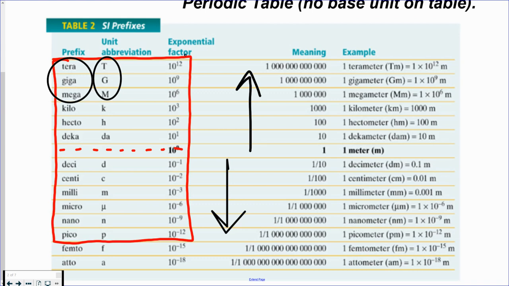So you need to know 10 to the 12th all the way down to 10 to the negative 12th. By knowing that, you make it quite easy for you to then perform some of the math questions that will be coming up in this chapter.